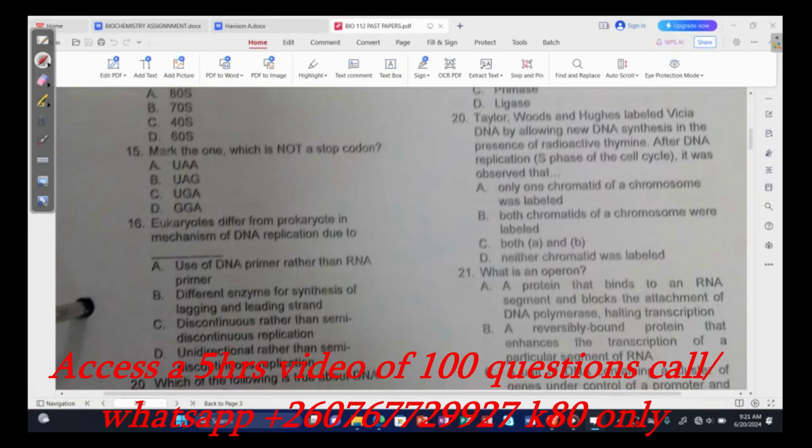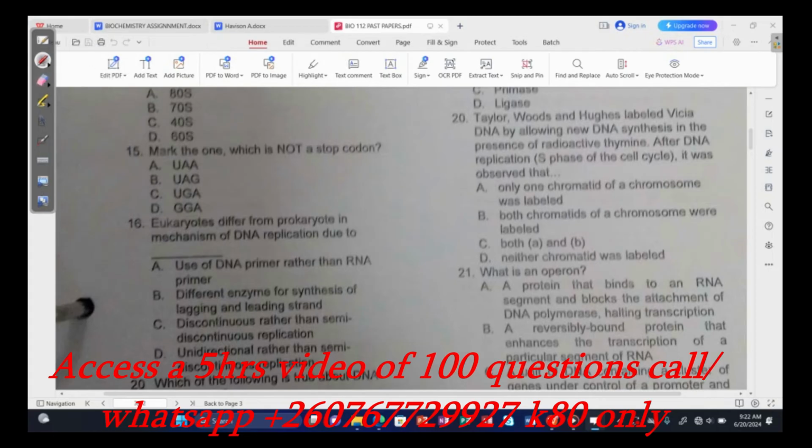These were scientists who did their experiment years after the Meselson and Stahl experiment was conducted. We know that the Meselson and Stahl experiment, which confirmed that DNA replication is semi-conservative, was conducted somewhere in 1958. Years later, these three scientists were also trying to confirm the findings of Meselson and Stahl, that DNA replication is truly semi-conservative.